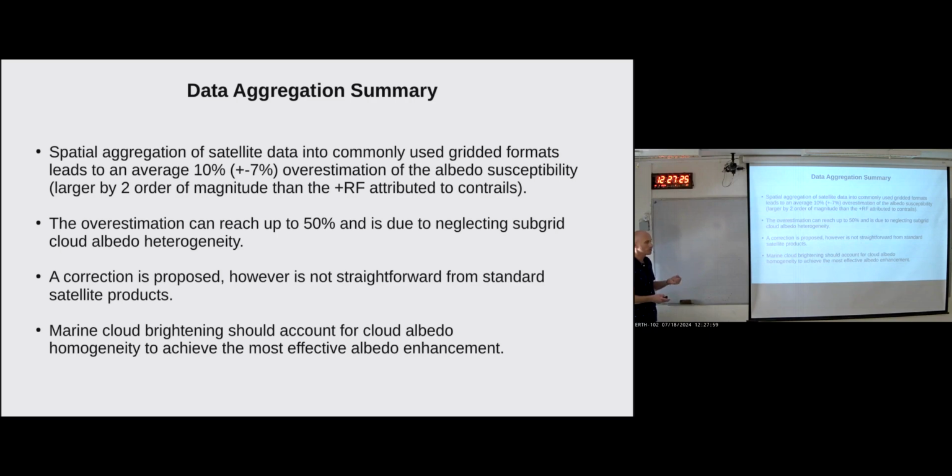So to get the most effective outcome from brightening the clouds, we need also the in-cloud morphology, because if the forecast will give us a scene mean albedo of 0.5 or 0.3, and then we say, okay, we use this equation and we see how much brightening we have, we need to know the actual brightening. So we need to account for this in-cloud morphology, to know how effective it would be.